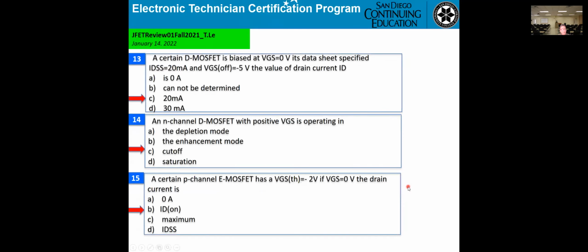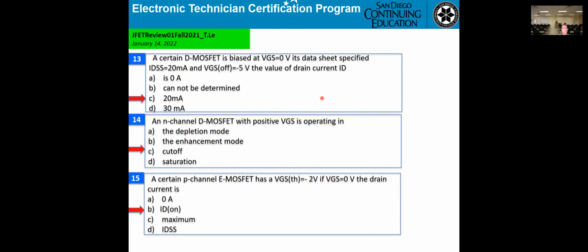You calculate, you can see it. 13. A certain D MOSFET is biased at VGS equals 0. Its data sheet specifies IDSS 20 milliamp, VGS off of -5 volt, the value of the drain current ID. 13 answer will be C, 20 milliamp.